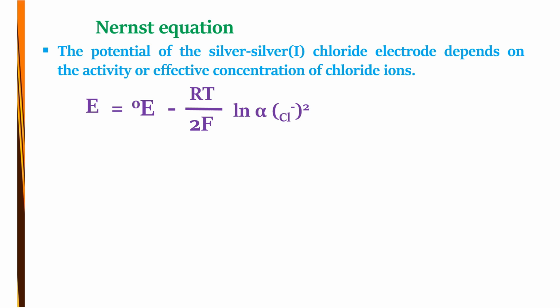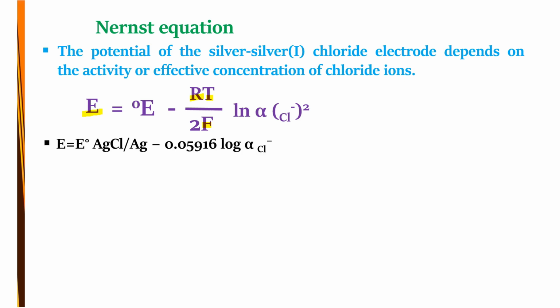The electrode potential of a cell E is equal to the standard reduction potential of the silver chloride electrode minus RT, that is the general gas constant and temperature. The temperature is usually 25 degrees centigrade, over 2 Faraday, and log of activity of chloride ions.